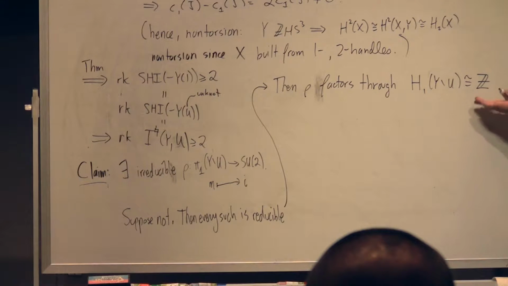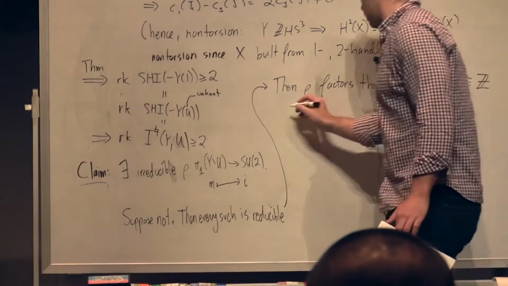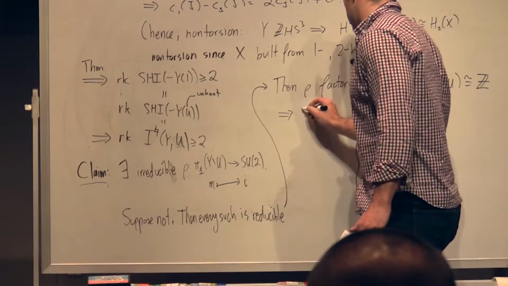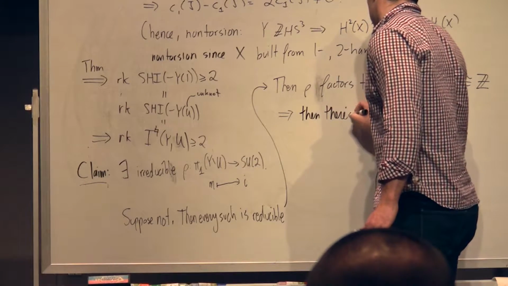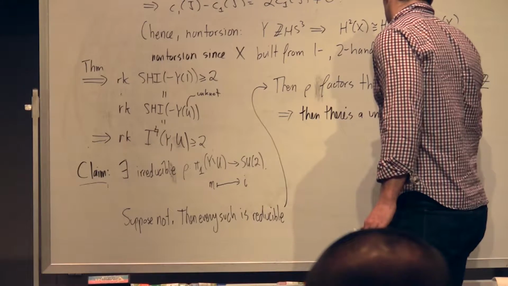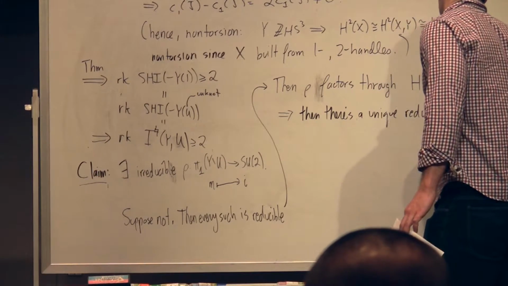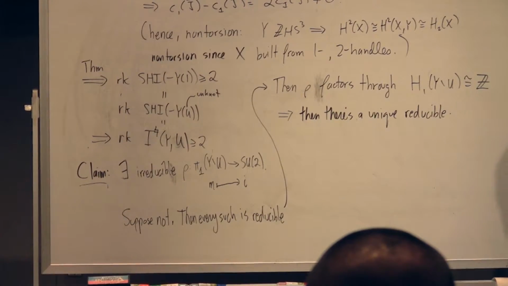Well, there's only one homomorphism which does that, right? So there's a unique reducible. Okay, so if there's no irreducible, let's study the reducibles. And in fact, there's a unique reducible.